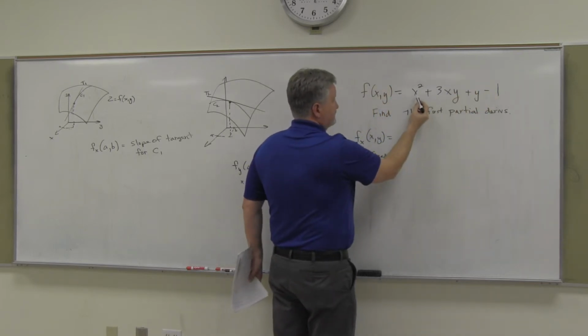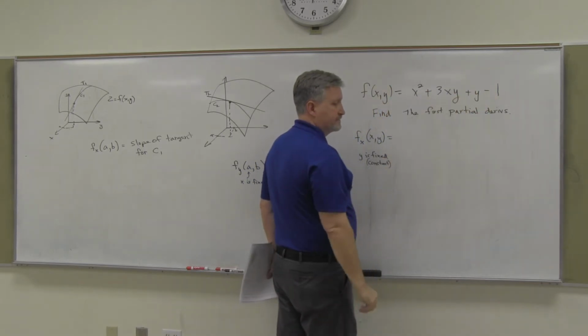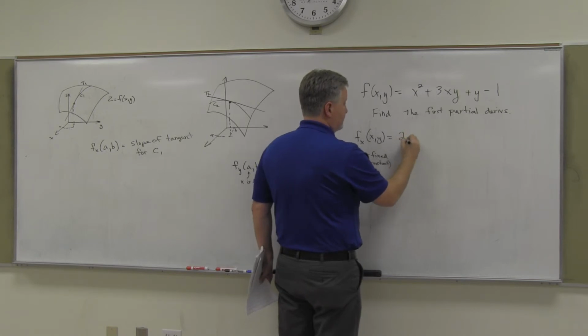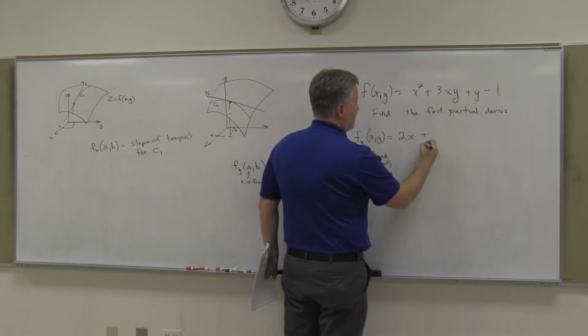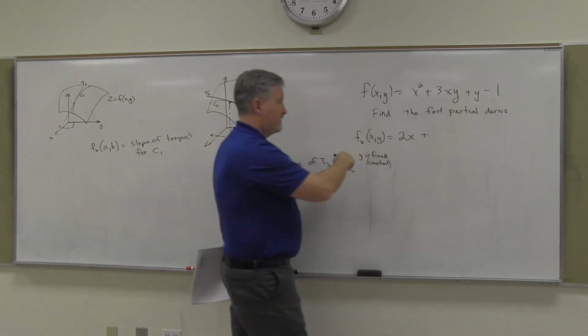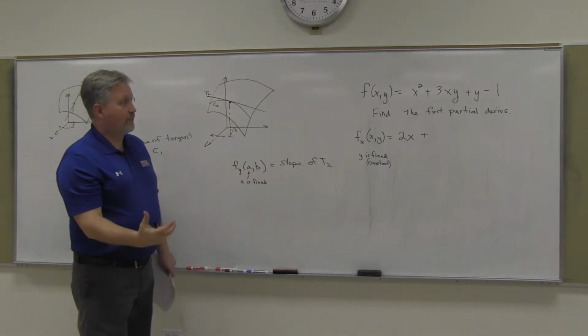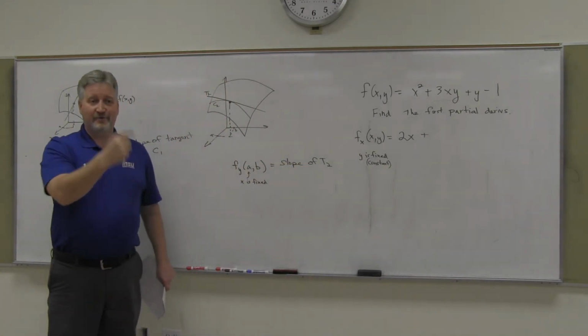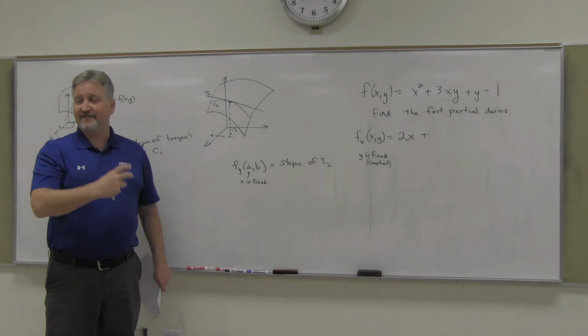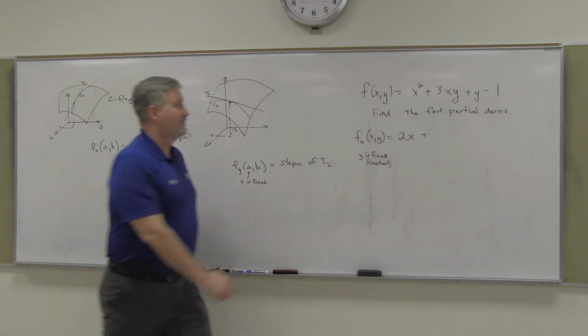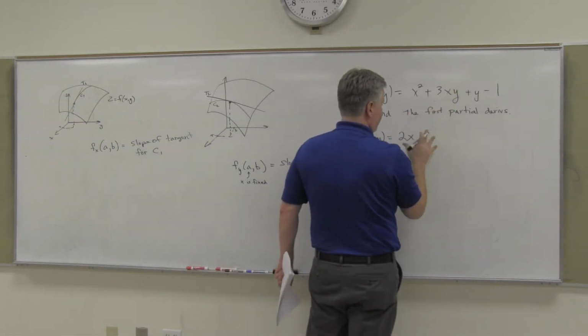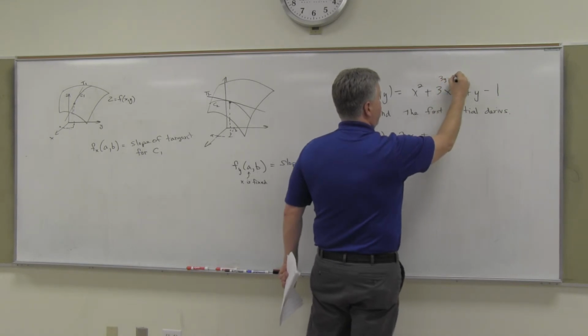All right, the x squared is just power rule, 2x. When I get to the 3xy, the y is really there with the 3. 3 is constant, so is y. So the way I'm thinking of this one is 3y times x.